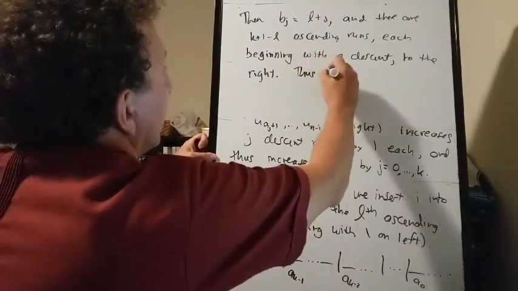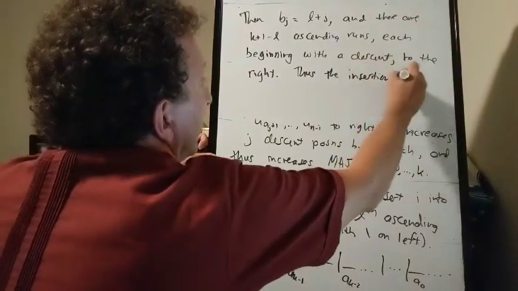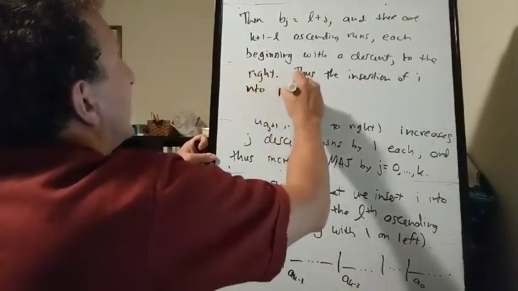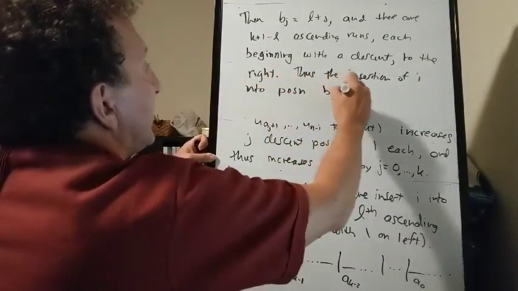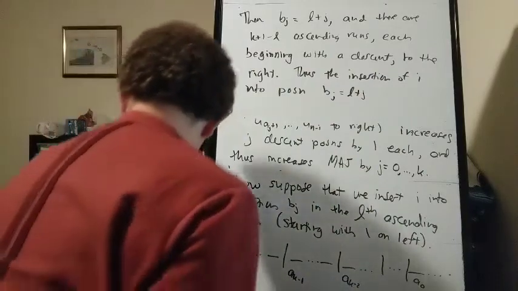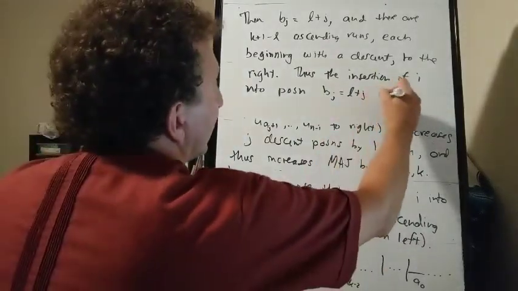So therefore, the insertion of I into position bj creates a new descent.